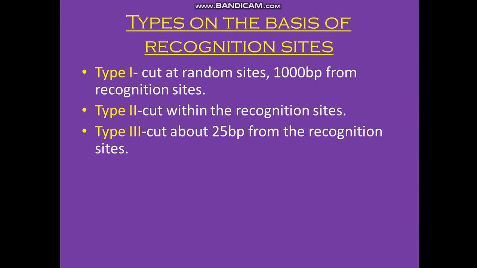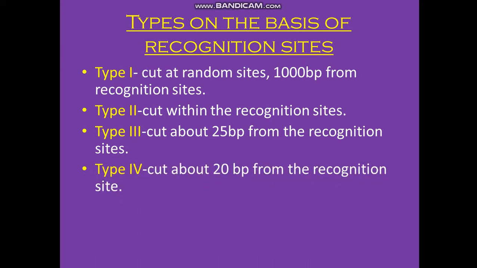That means again it is not cutting within the recognition site. Next is type 4. They cut about 20 base pairs from the recognition site. So these you have to remember. The major important one is type 2, which cuts within the recognition site only. Type 1 cuts 1000 base pairs away, type 3 25 base pairs, and type 4 20 base pairs away from the recognition site.